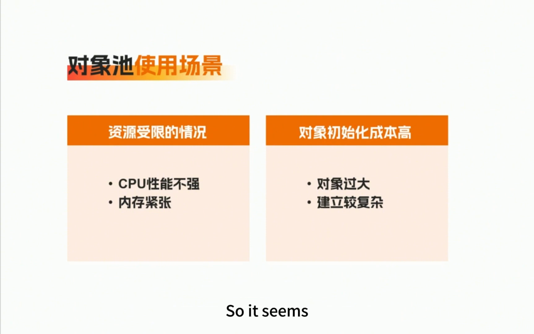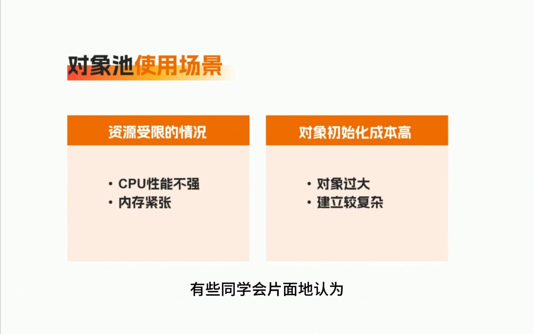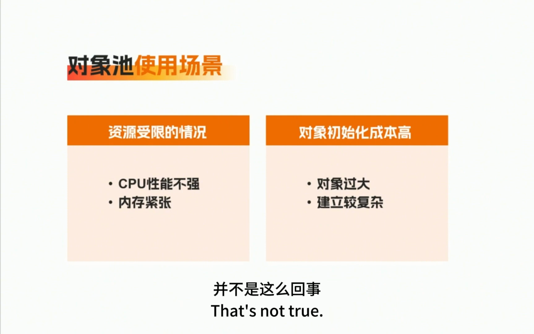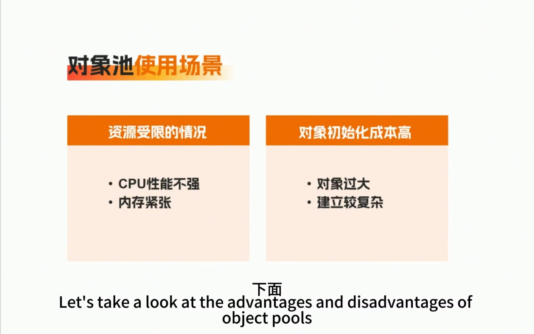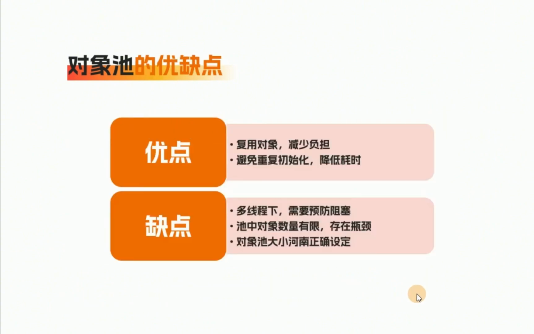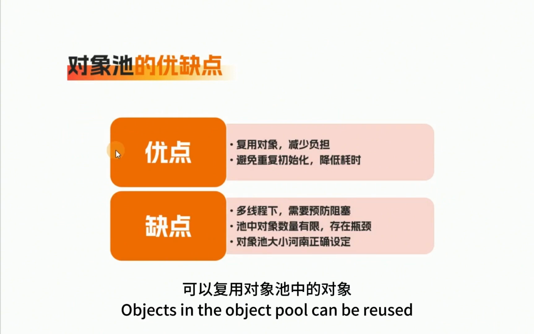So it seems some students will one-sidedly believe that object pooling is all good and not bad. That's not true. Everything has two sides. Let's take a look at the advantages and disadvantages of object pools. The advantage of object pooling is that objects in the pool can be reused.